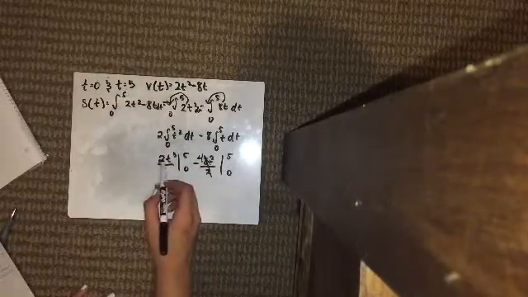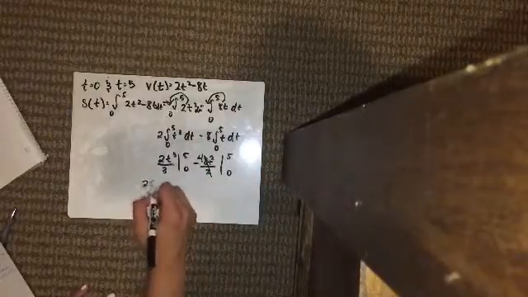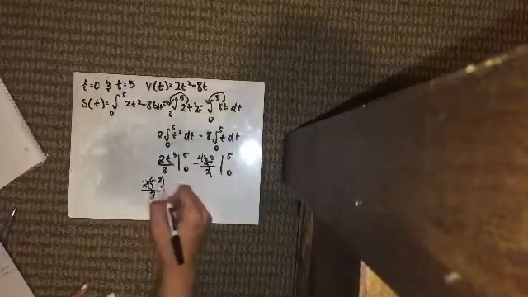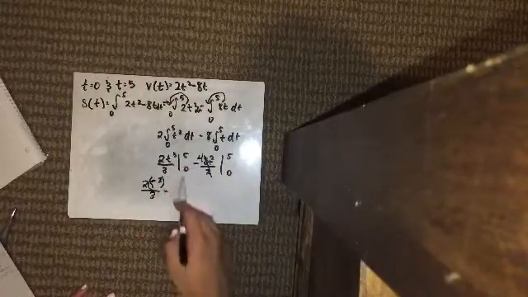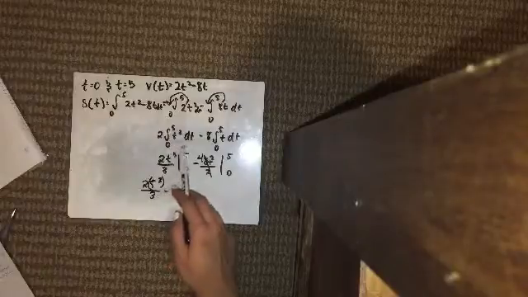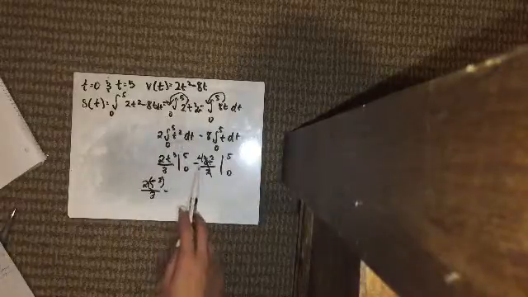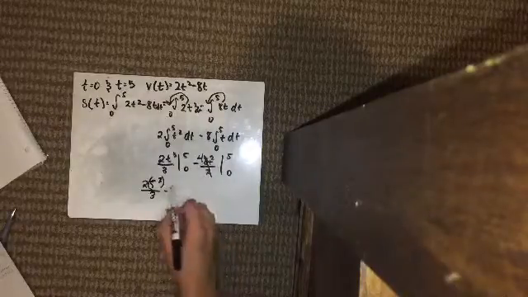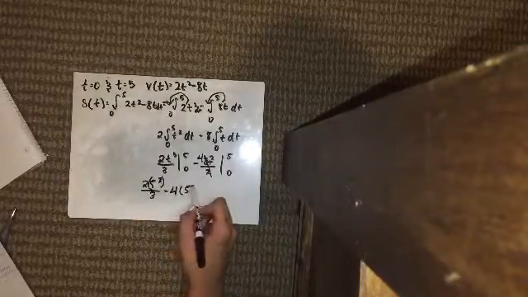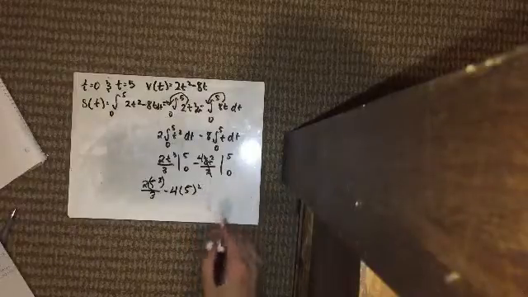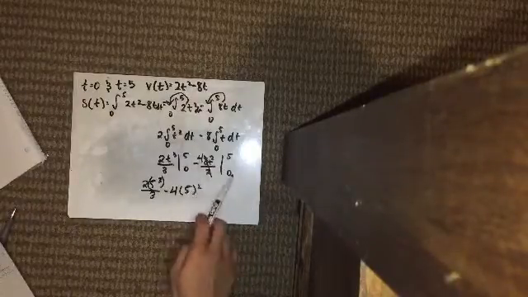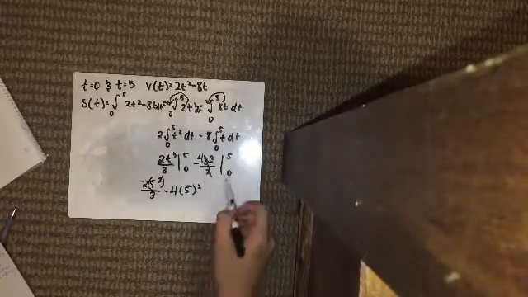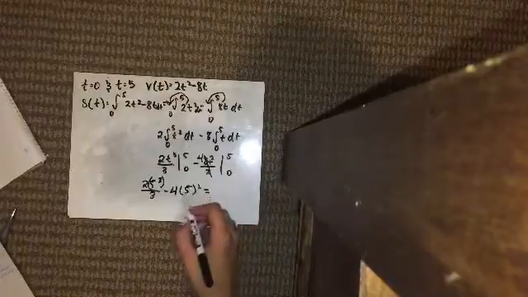Okay, so now we're going to plug these in. So 2 times 5 to the third all over 3 minus, we're going to assume this is 0 because if you plug in 0 cubed, it's 0, minus, we're going to plug in 5, so 4 times 5 squared, and we would subtract, if you plug in 0 in here, we would subtract that normally, but it just equals 0, so we're going to leave it out.